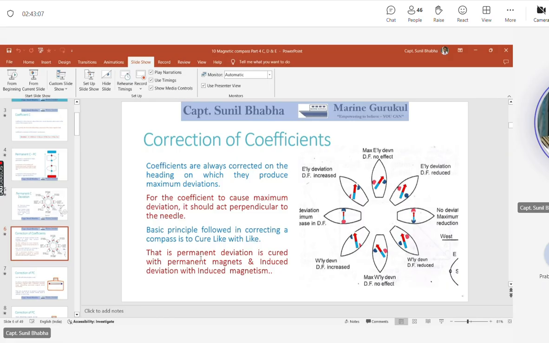Exactly, this will remain same for all the coefficients. सिर्फ एक जगह पे हम इसे फॉलो नहीं कर पाते, वो मैं आपको बताऊंगा when we go to the heeling error. ओके सर, थैंक यू सो मच.